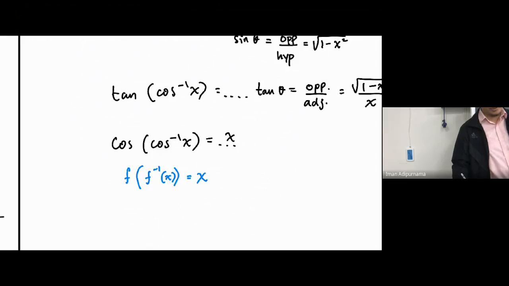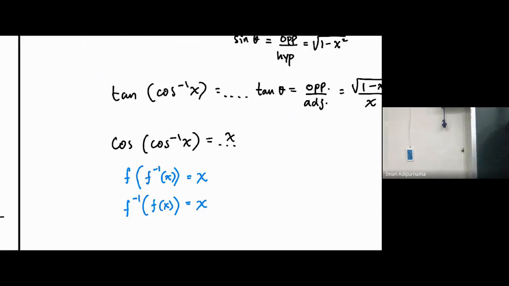If you have f inverse of f x, this should also be the same x. You can switch the order, but because you plug in the function that mirrors its inverse, the result should be your domain value x.